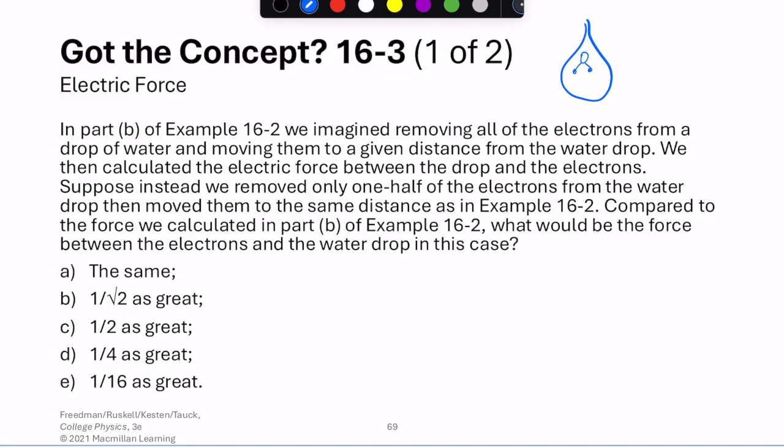There are 10 total electrons for each molecule: 8 in oxygen, 1 for one hydrogen, and another 1 for the other hydrogen, okay?